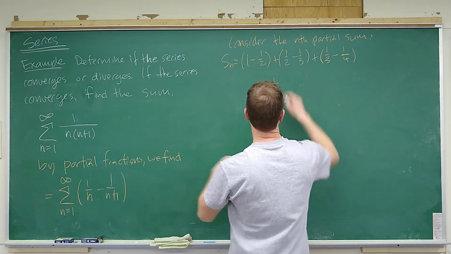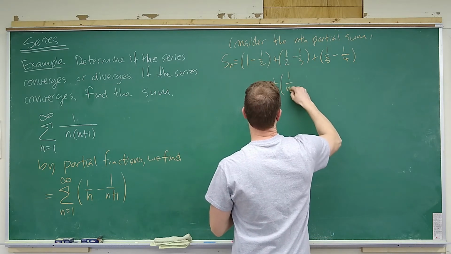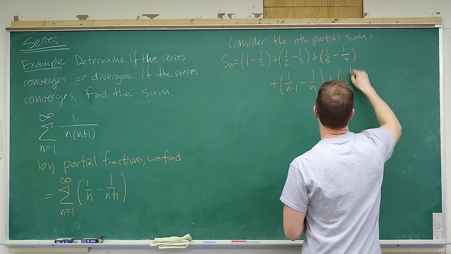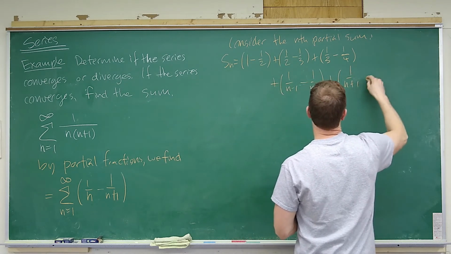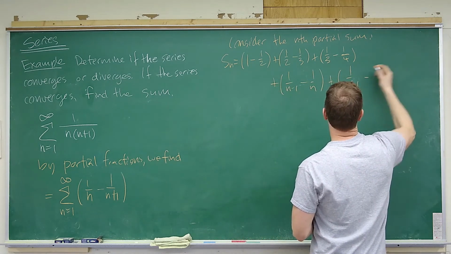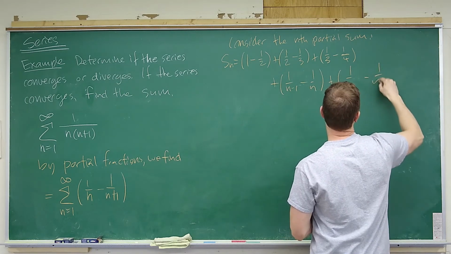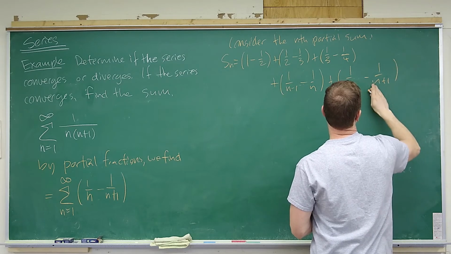So for n minus 1, we would have 1 over n minus 1 minus 1 over n, and then finally 1 over n minus 1 over n plus 1.